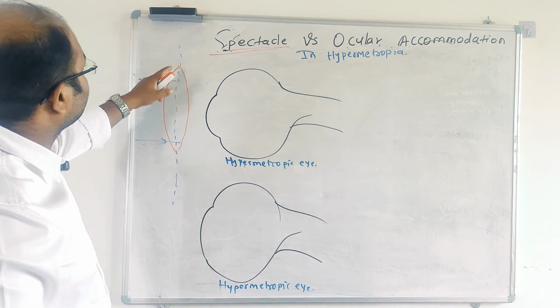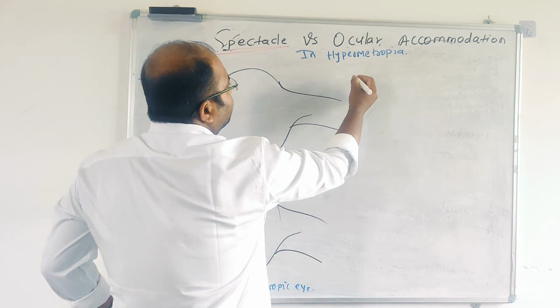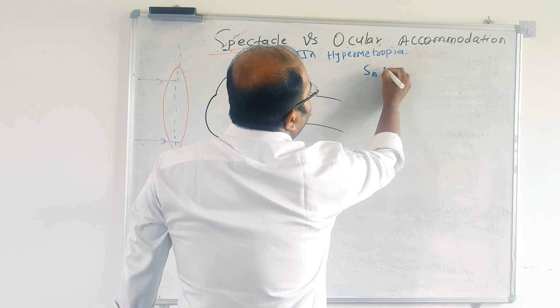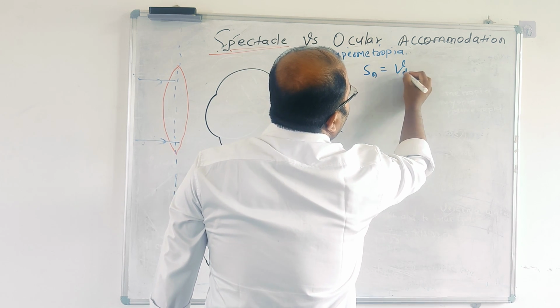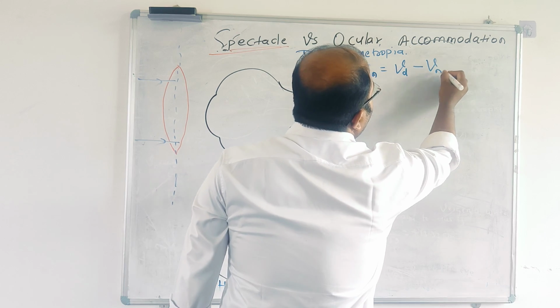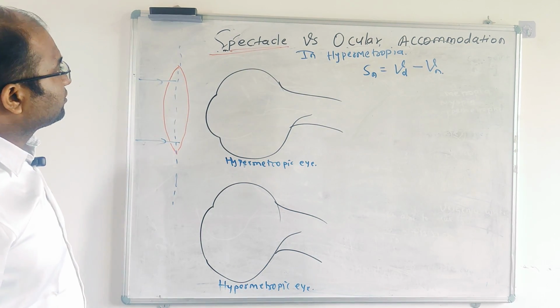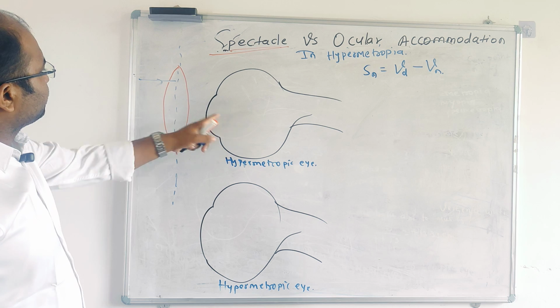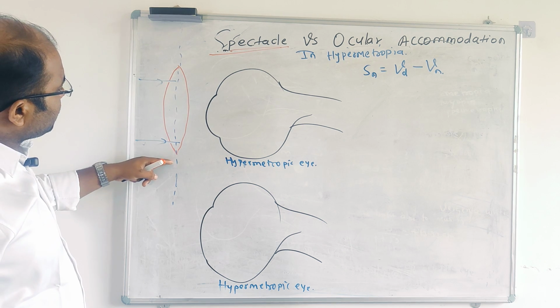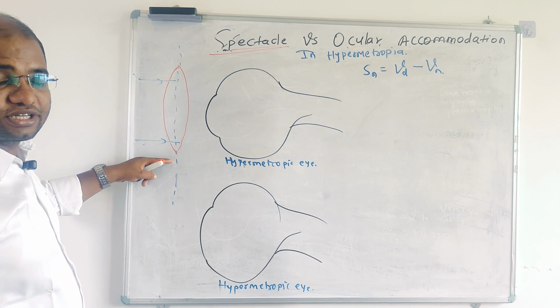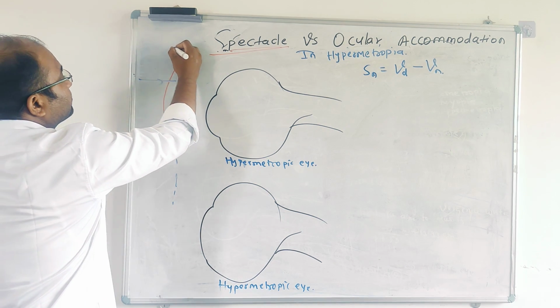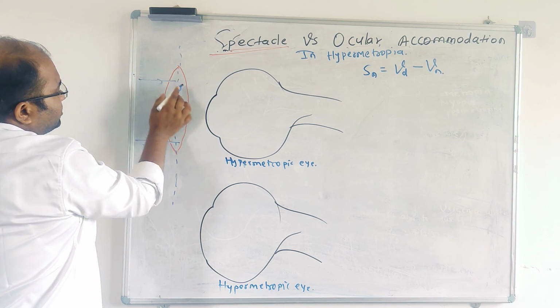We know the spectacle accommodation formula: spectacle accommodation is equal to vergence at distance minus vergence at near. So what is the vergence of light here when the eye is focused for distance?